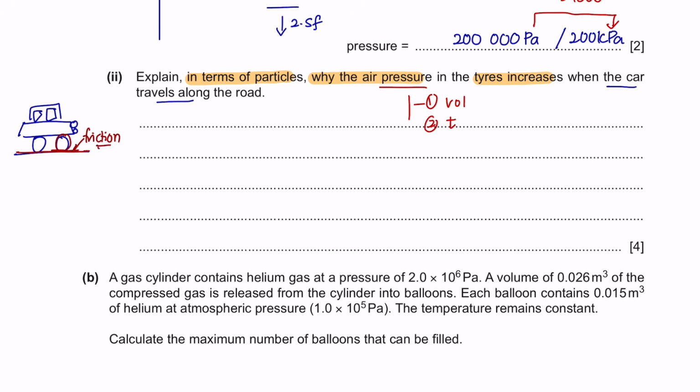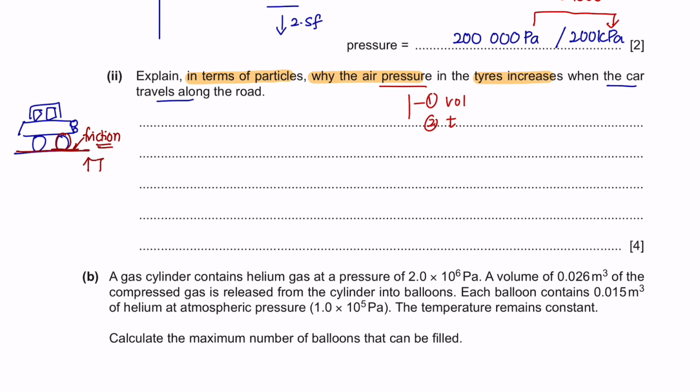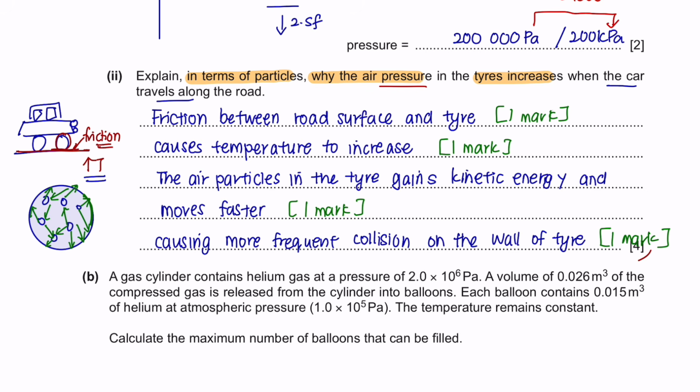Now, the friction between the road and the tire can increase the temperature of the tire. And when the temperature increases, the kinetic energy of the particles increases, which causes the particles to move faster and collide with the wall of the tire more frequently, which causes the air pressure to increase. So writing all these points will give you a complete 4 marks.